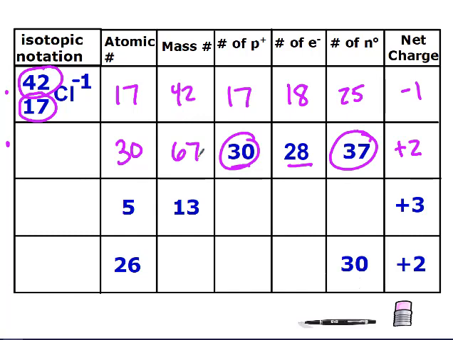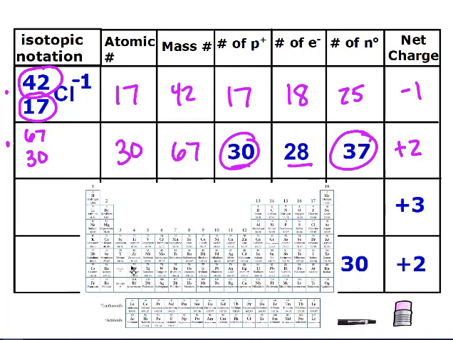So to write my isotopic or chemical configuration, I do mass number on top, atomic number on bottom. At this point, I need to look on the periodic table and see who has an atomic number of 30. It's zinc. And then I put my charge in the upper right corner.